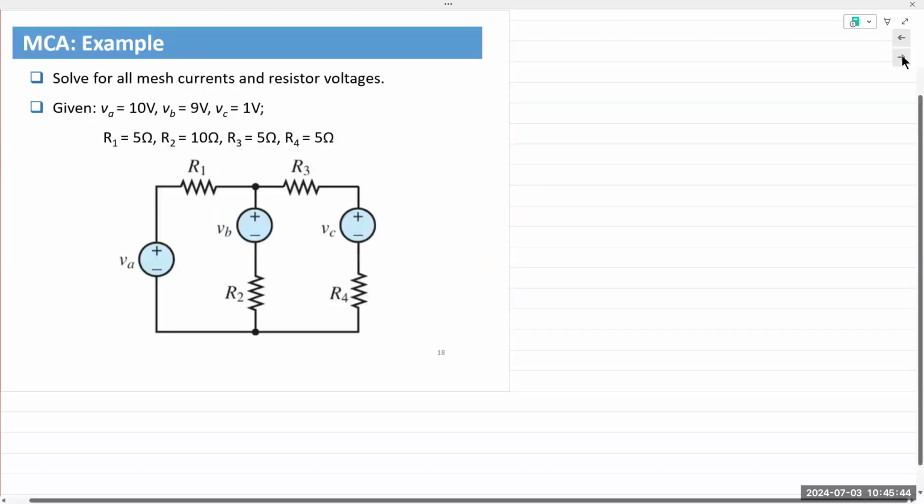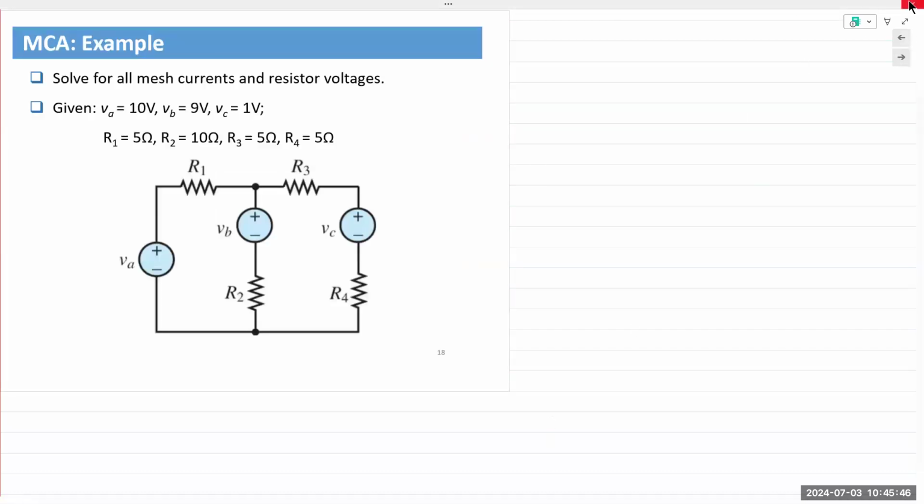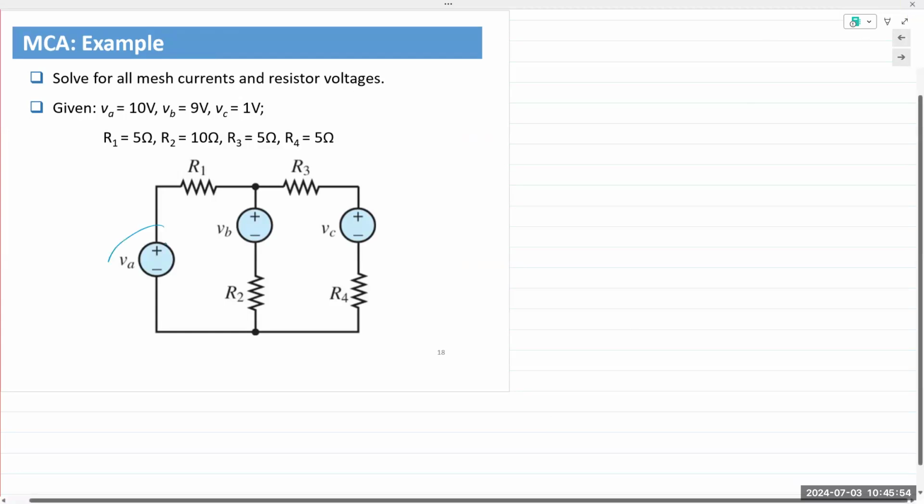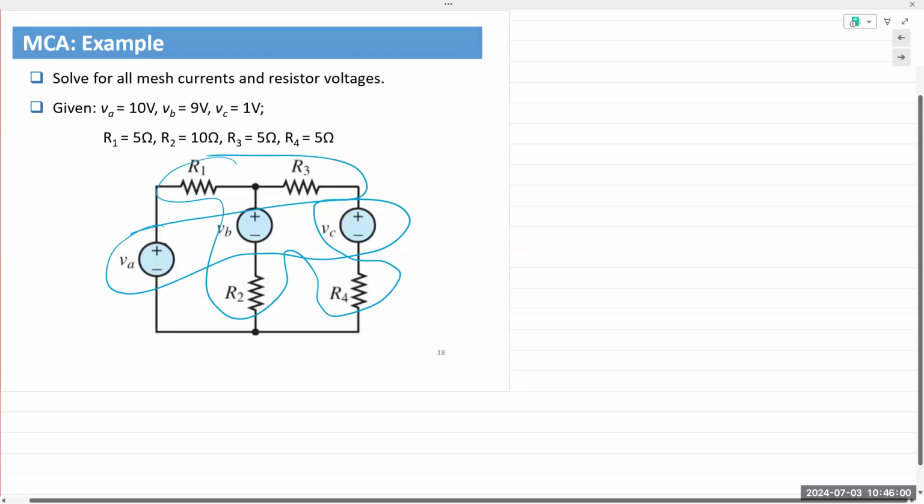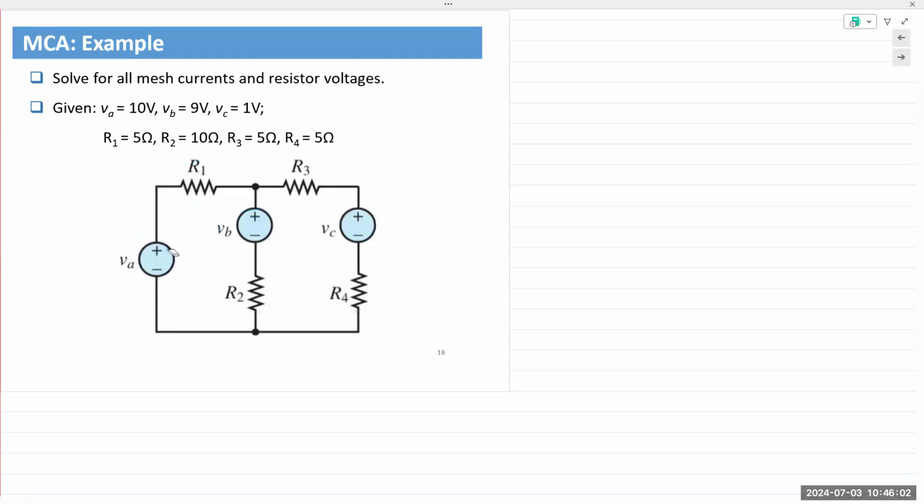All right. So, the question being asked is solve for all mesh currents and resistor voltages. Let's look at the circuit. 3 voltage sources and 4 resistors. So let's do this first.